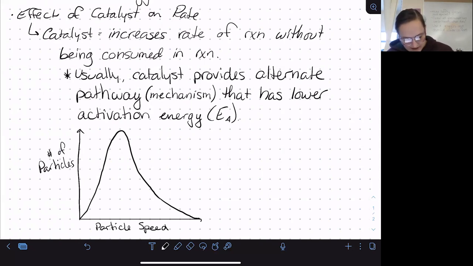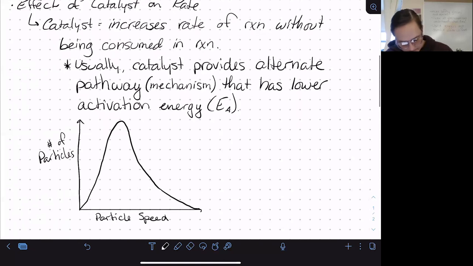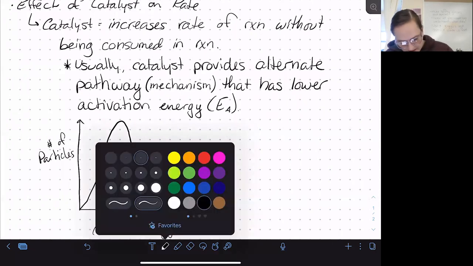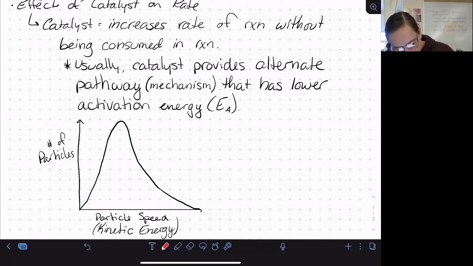So let's say that our activation energy represents the kinetic energy where particles are moving at that speed that I just marked on the graph.